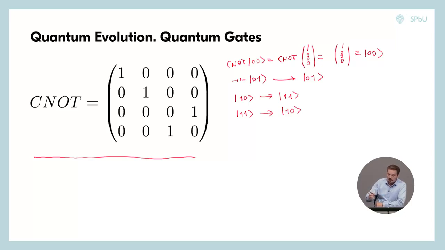And we can see that it flips the second qubit only if the first qubit is 1. So it is a conditional NOT operator. This bit, the highest bit, is the control bit, and this bit is under the control of the control bit.